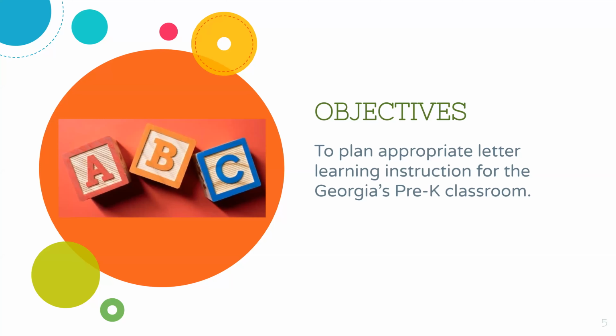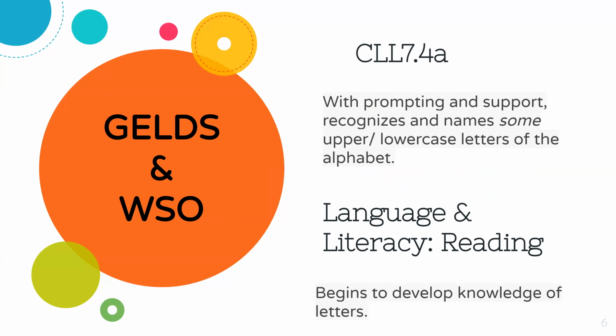Our objectives today are to plan appropriate letter learning instruction for the Georgia's Pre-K classroom, and we're going to do that by looking at the GELDS and WSO indicators and unpacking the ones specifically related to alphabet knowledge. So the GELDS CLL 7.4a says that with prompting and support, children will recognize and name some upper and lowercase letters of the alphabet.